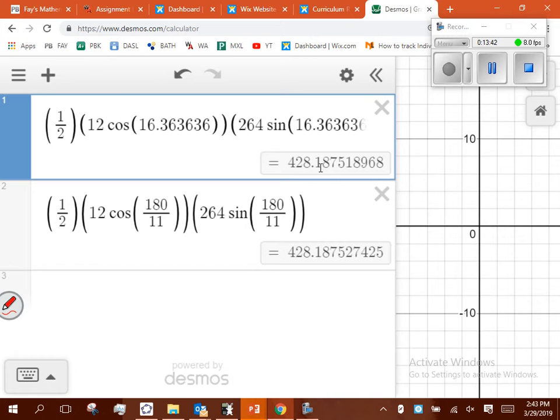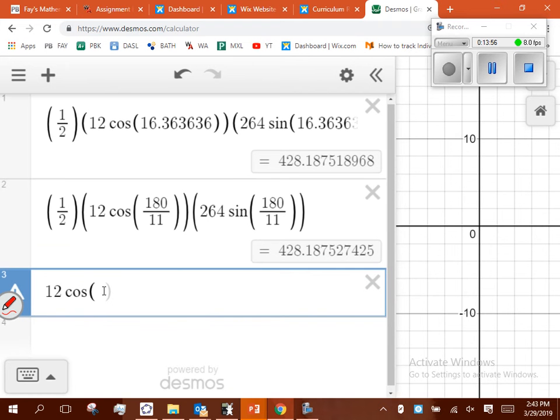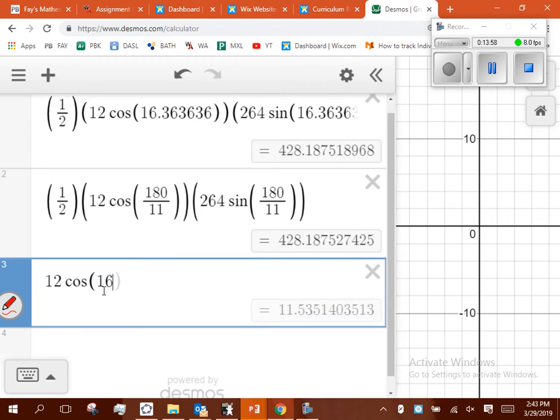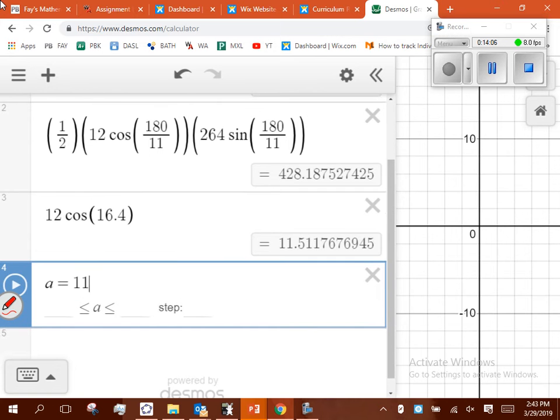So as you're working on the end of course exam, I know people are going to do this. I know you're going to do this on Math Excel. I know some of us are of this nature, and there's nothing wrong with this. But some people are going to say, okay, you just found 12 cosine of, we said 16.36, and I know somebody's going to round that to 16.4. And that's your apothem. And I know somebody's going to say, well, my apothem is now 11.5.